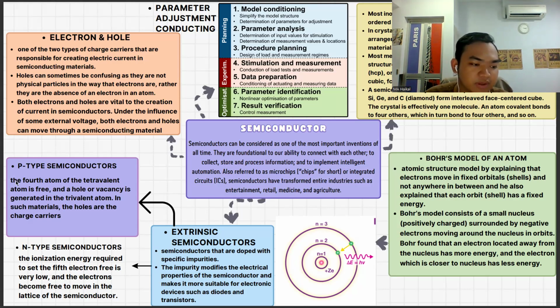In the p-type semiconductor, the fourth electron of the tetravalent atom is free and a hole or vacancy is generated in the trivalent atom. In such materials, the holes are the charge carriers. In the n-type semiconductor, the ionizing energy required to set the fifth electron free is very low, and the electron becomes free to move in the lattice of the semiconductor.